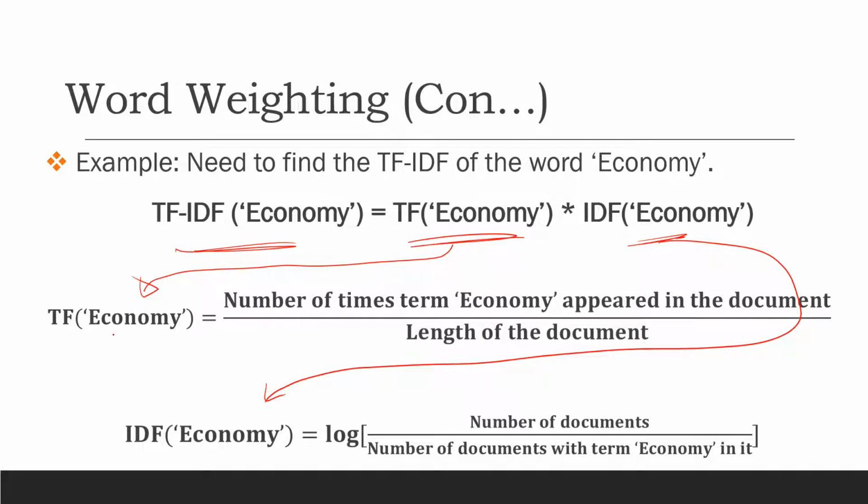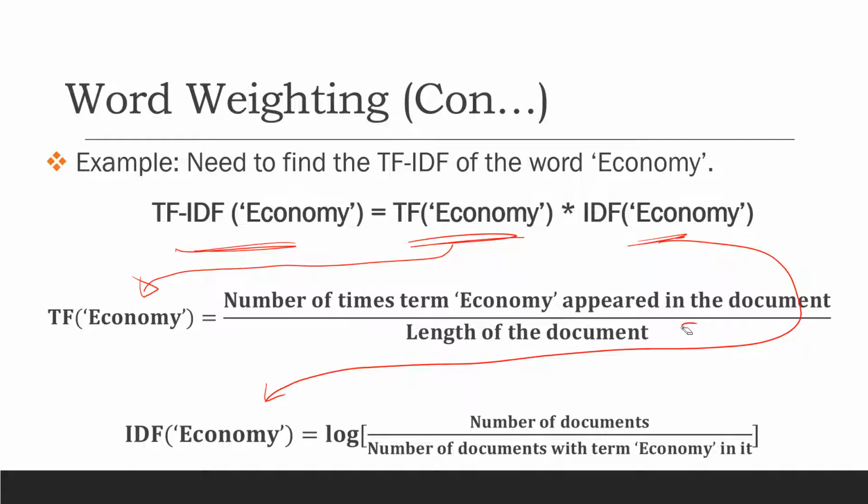To calculate the term frequency of economy, first of all, you need to find the number of times the term economy appeared in the document divided by the length of the document. Let's say in that document there are 50 words. Let's say student 1's document contains 50 words.